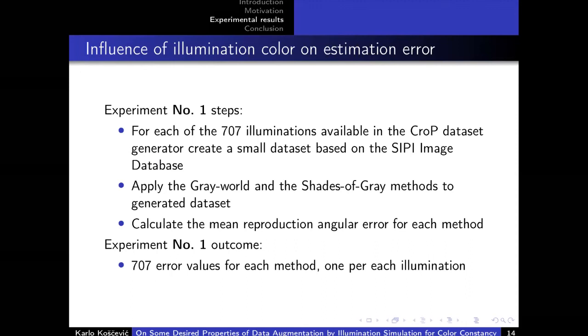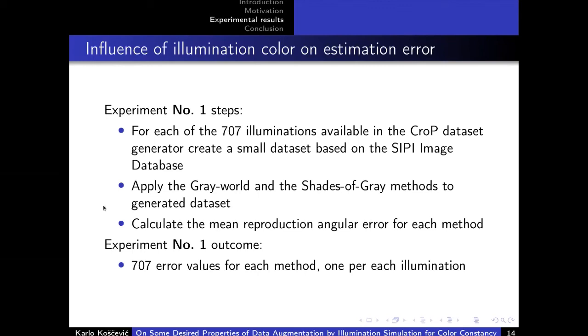Then we applied the gray world and shades of gray methods to those created images. For each of these methods, we calculated the mean of the reproduction error, which I described in the previous slide. This resulted in 707 error values for each method, so we have one error value for each method for each illumination.